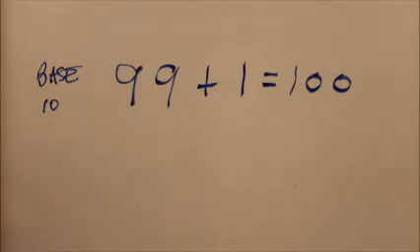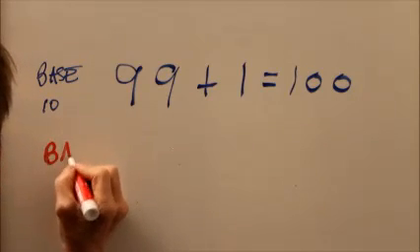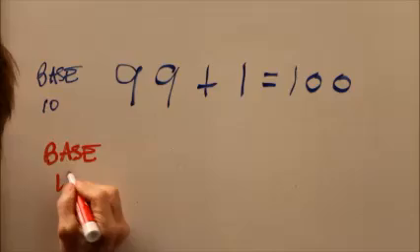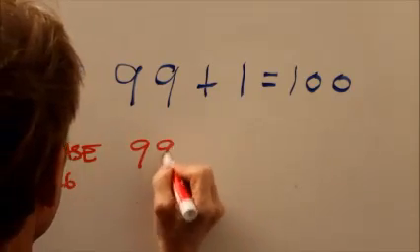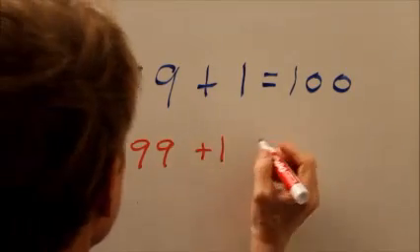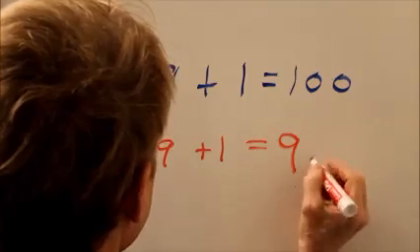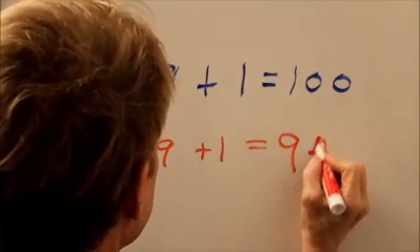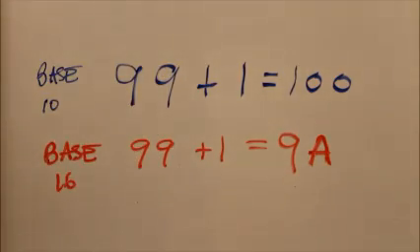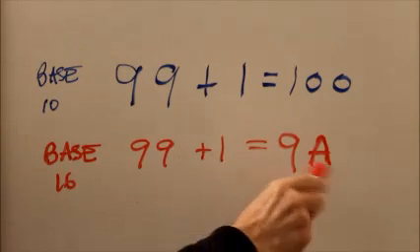But in base 16, 99 plus 1 equals 9A, which we might call 90A. I don't want to call it 9010. We can call it 90A.